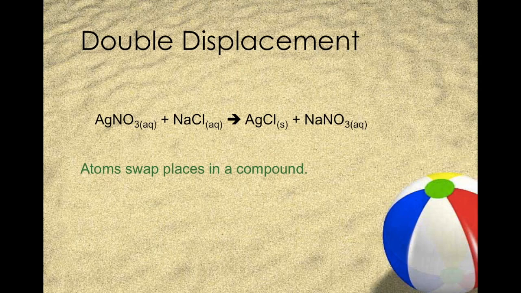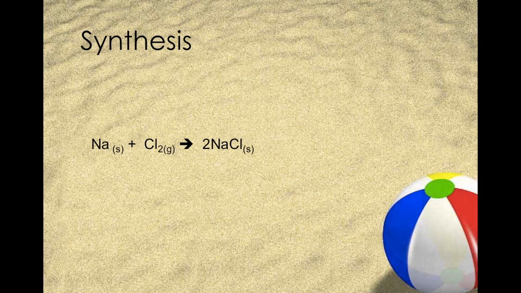Now the AgCl, or silver chloride, is a solid, so it precipitates out of solution. So note that this is a double displacement reaction, but it's also a precipitation reaction. So reactions can belong in more than one category depending on what is happening.